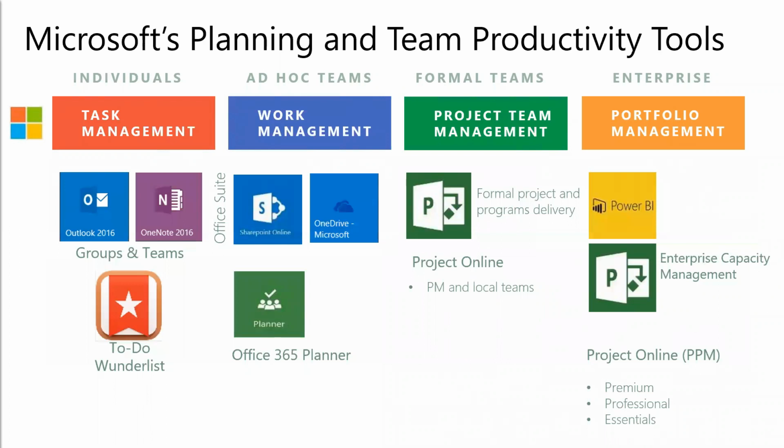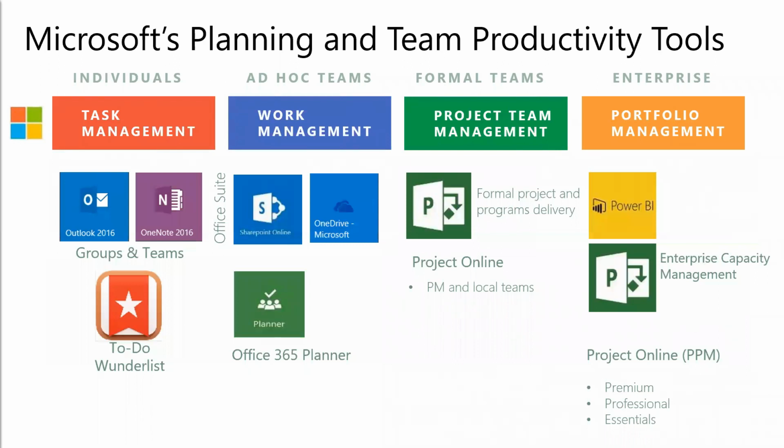And that all comes via licenses outside of, or in addition to, I should say, the Office 365 space. So the Project Online licenses would be Premium, that would be just for admins, Professional, which is what most project managers would need, and then Essentials that team members would use. That would be for people maybe just updating their tasks or entering timesheets.